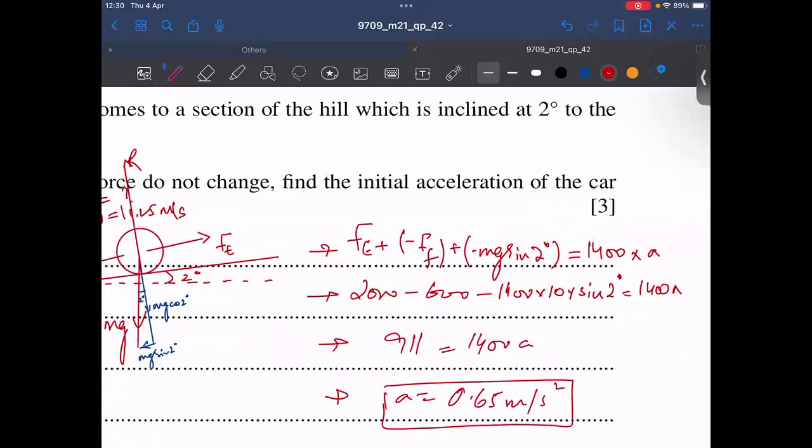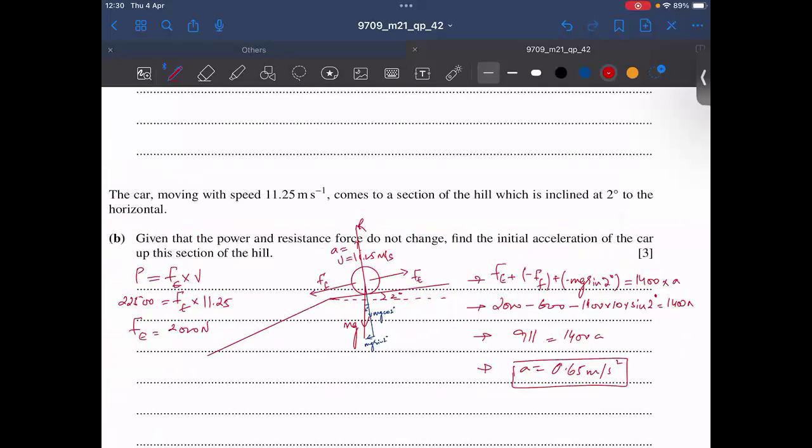Is it clear to both of you or not? Yes, sir.